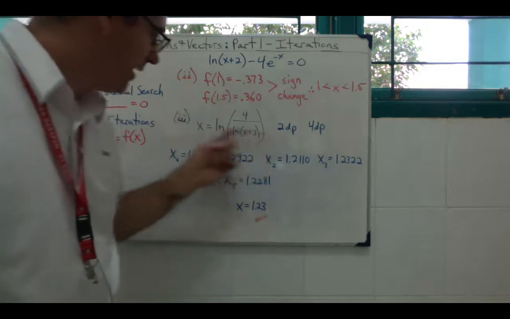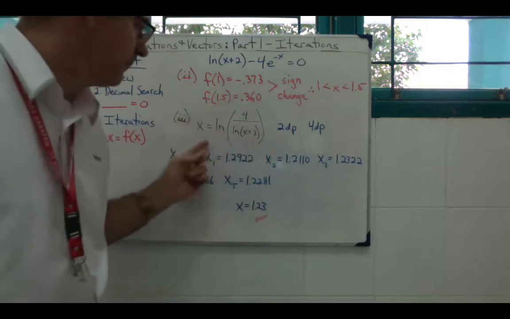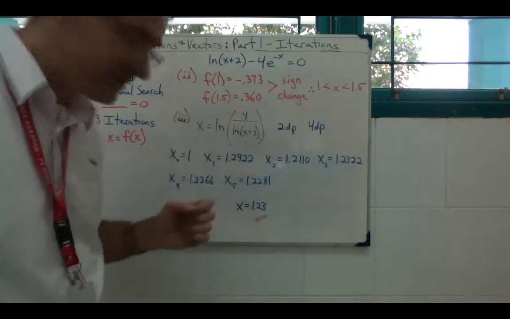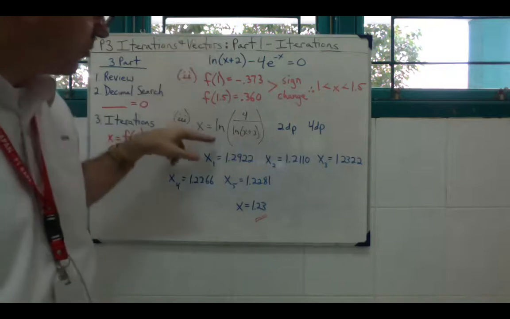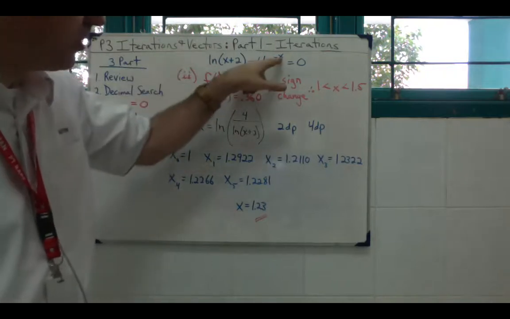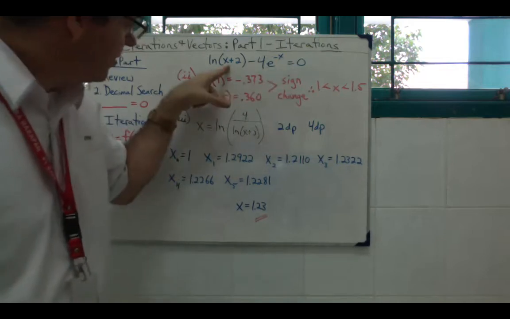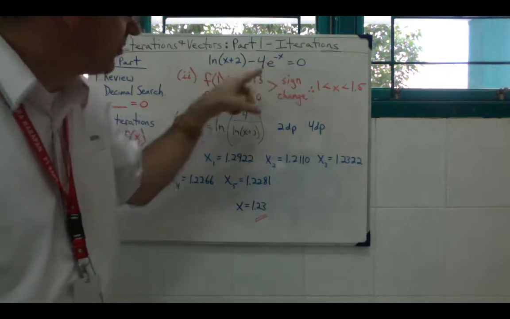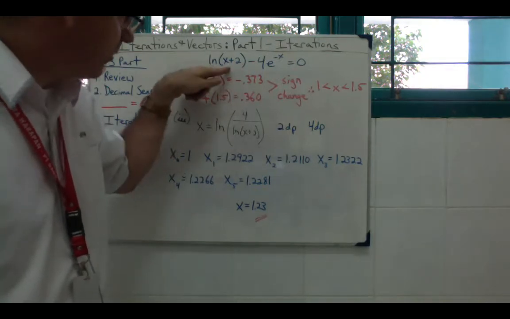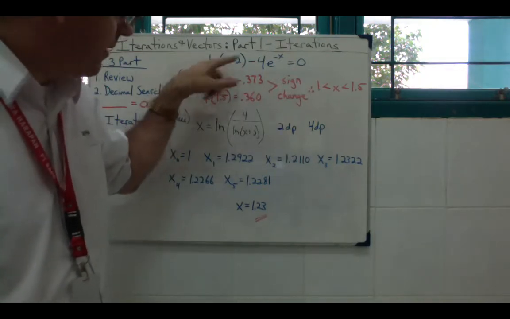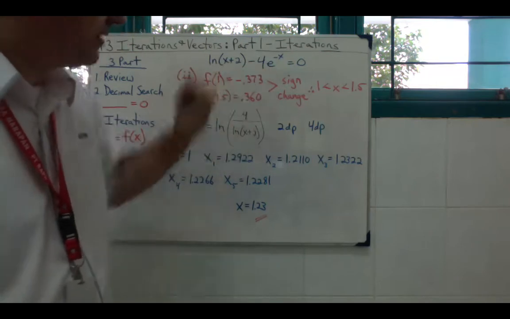Now we're working with the iterative form, the x equals f of x, or some function of x form here. And when you look at this one and this one, by the way, they solved for this x right here. They added this to the other side, divided it by 4, and then they ln'd both sides to get rid of the e.